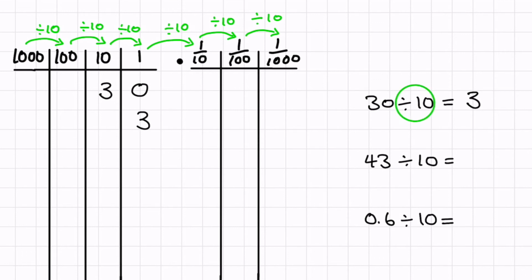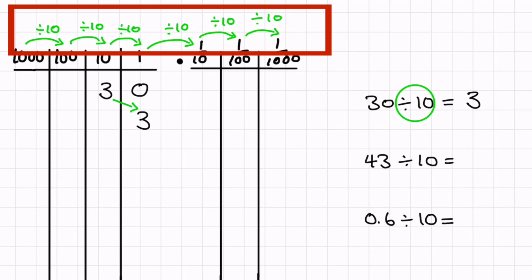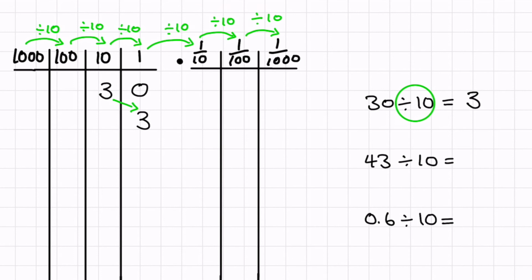Look at the relationship between the columns. The digit 3 in the number 30 has moved one column to the right. And this matches up with our relationship between the columns in our decimal system. So if we have, for example, 43, and we divide that by 10, the same thing's going to happen.